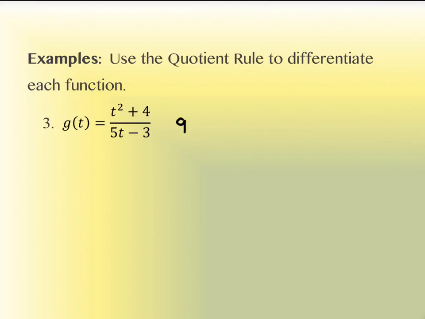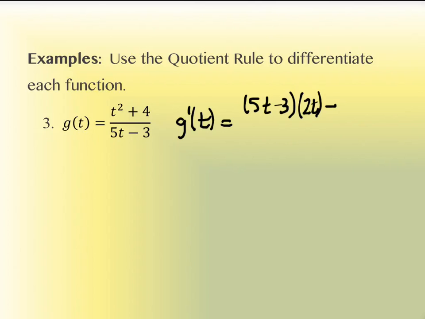We're going to take our g of x function, or g of t in this case, so g prime. And what we do is we do the denominator first. I take my denominator and I write it exactly as is on top. So 5t minus 3. And then I multiply by the derivative of the numerator. So what is the derivative of this numerator? 2t.